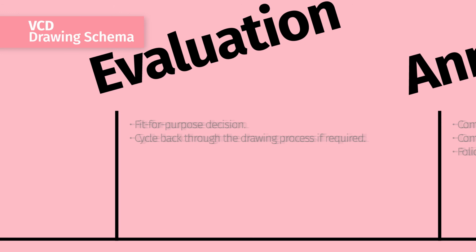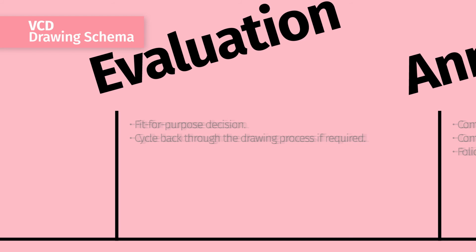So I guess that's a real key point in terms of learning and developing these skills, is that ability to self-evaluate and return to previous sections within the drawing schema and work back through it until an appropriate level of drawing is achieved.